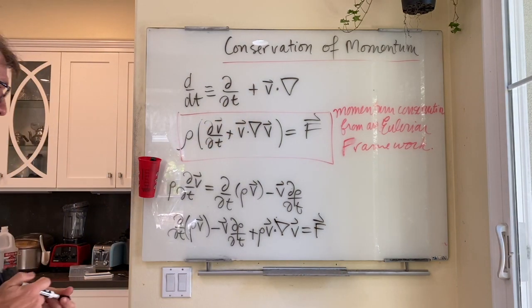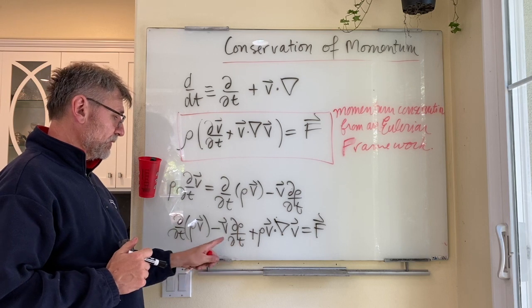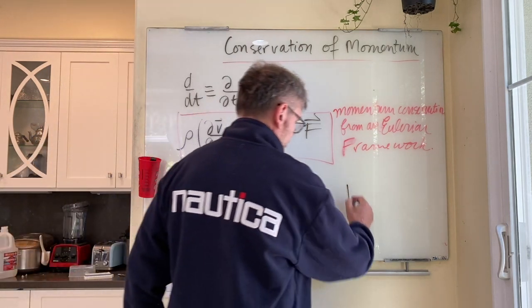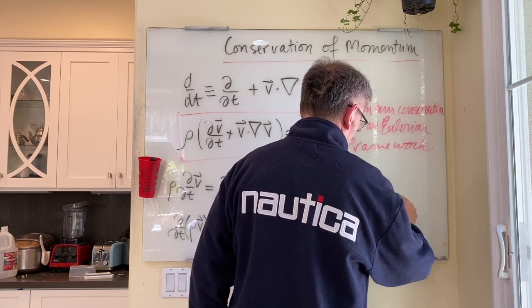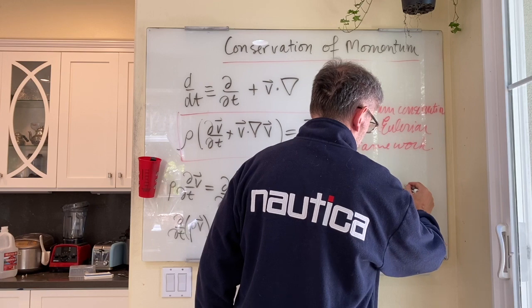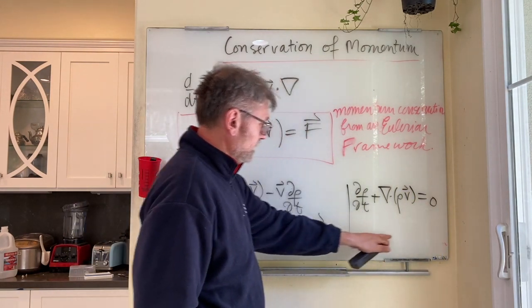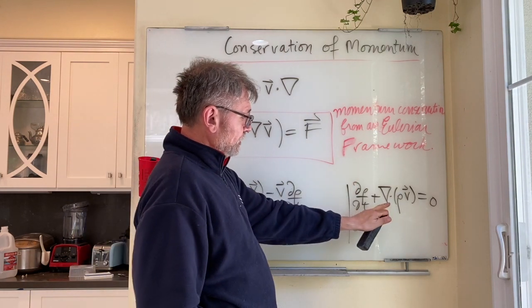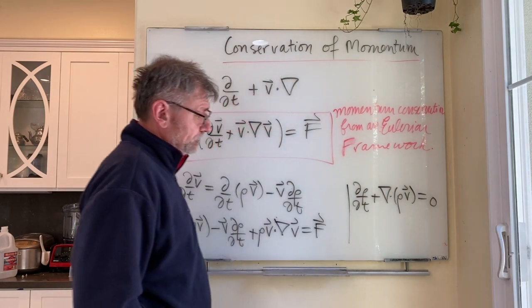Okay, and now for this term here, I'm going to use the mass continuity equation to eliminate partial rho partial t. So remember, partial rho partial t plus div dot rho v is equal to 0. This is the mass continuity equation, right? It's the conservation form: the partial derivative of the mass per unit volume, plus the divergence of the current of mass, which is just rho v.